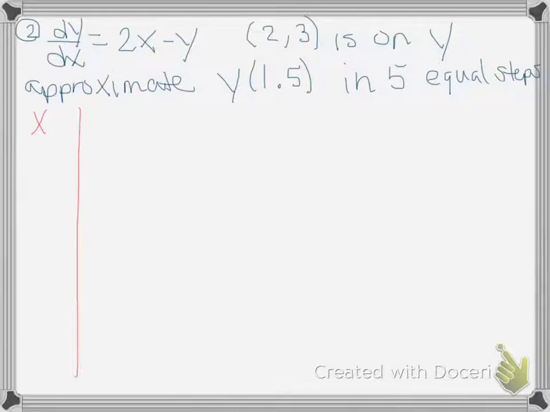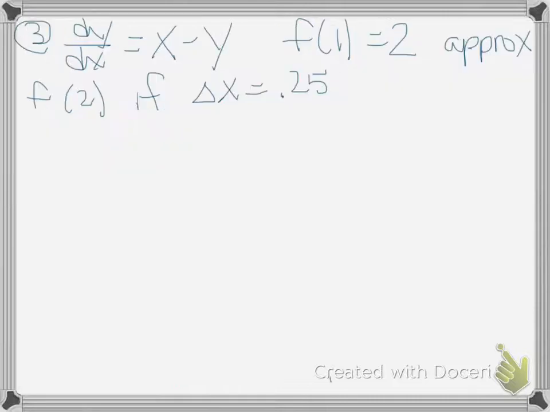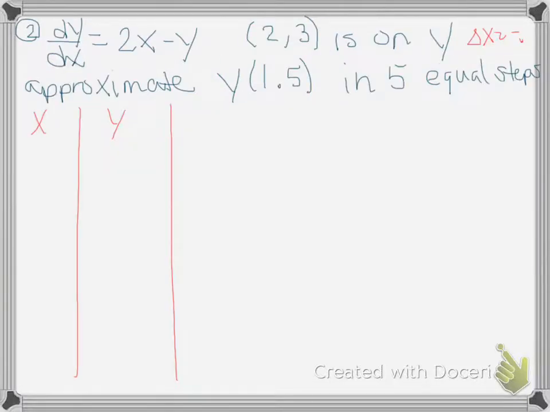And you're probably thinking, well, if I'm going down from 2 to 1.5 in 5 steps, delta x would have to be, yep, I heard it. Very good. Delta x would have to be negative 0.1. Okay, so delta x would be negative 0.1.